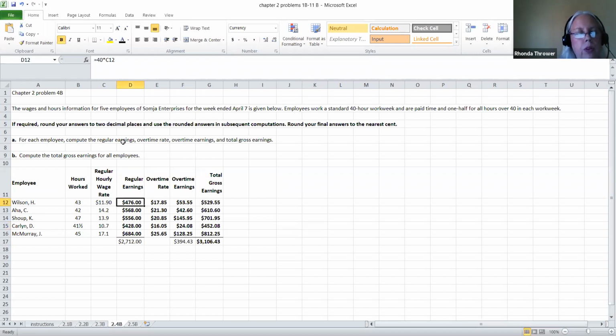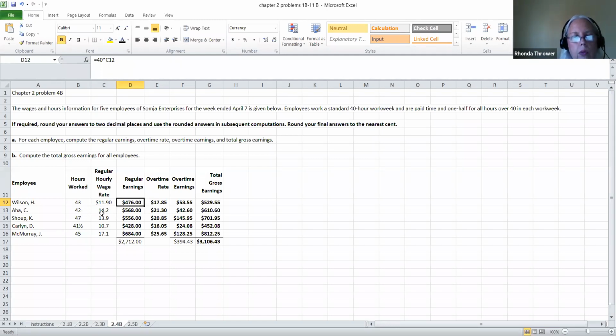So notice there's a formula here in this Excel spreadsheet. If you get lost and you don't know how the calculations were made, you can look up here and it will review what happened. It took 40 hours, because the regular hours would be 40 for each of these employees, and I multiplied it by the regular hourly rate, and that gives you the regular earnings for each of these employees.